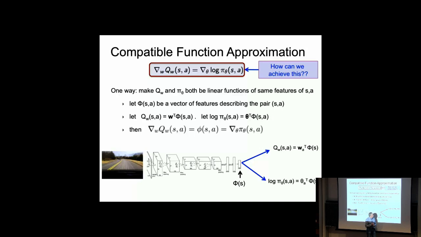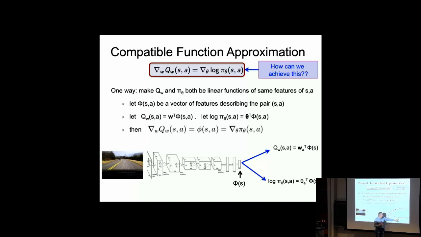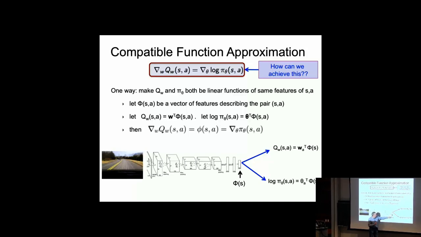And so now basically the Q function and the policy are both defined in terms of linear combinations of these features. And again, this will hold. Right? The gradient of this will be equal to the gradient of this because it's simply that.